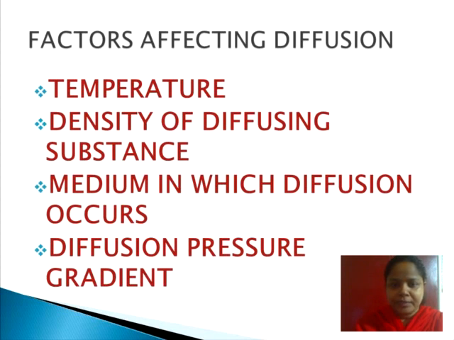Now, the medium in which diffusion occurs. If the medium constitutes only single solute particles, the diffusion rate is higher. As the number of solute particles, that is ionic concentration, increases in the medium, the diffusion process gets slower.